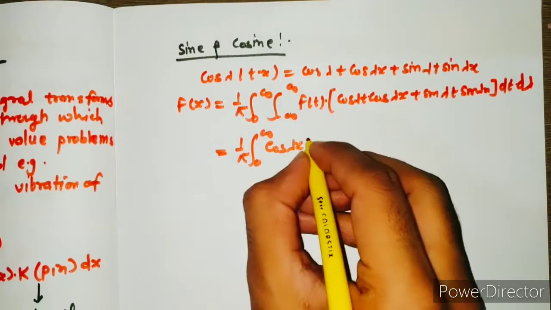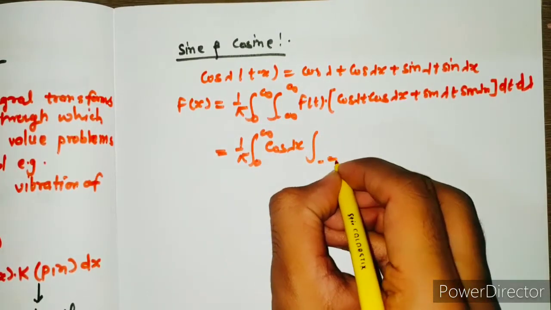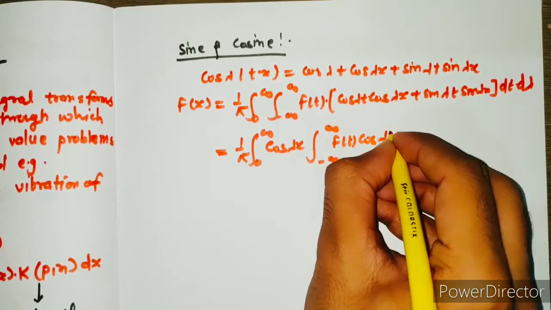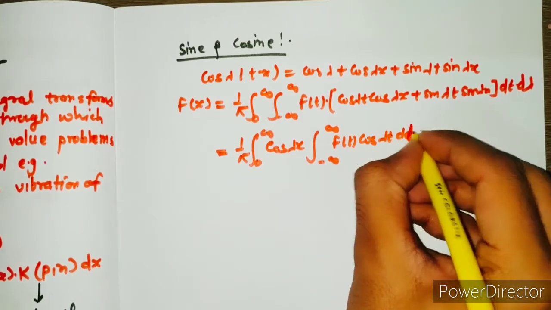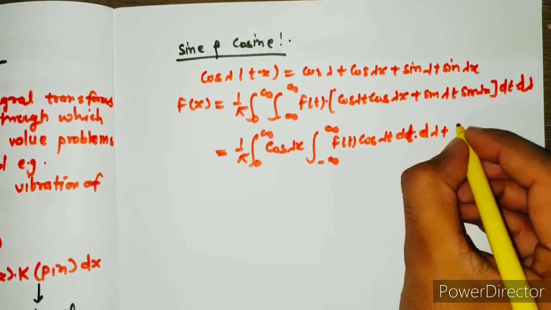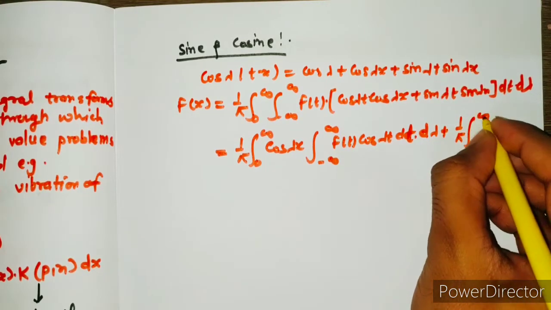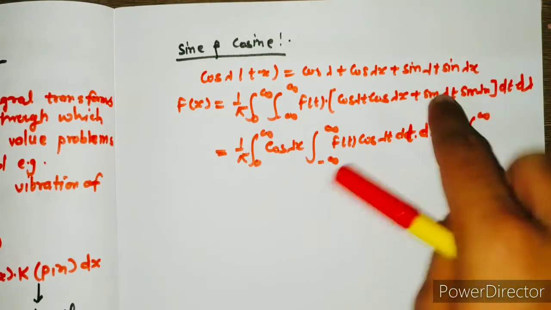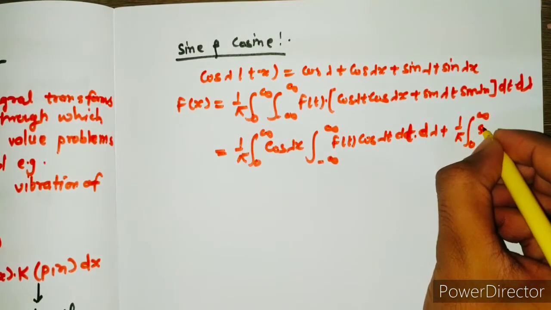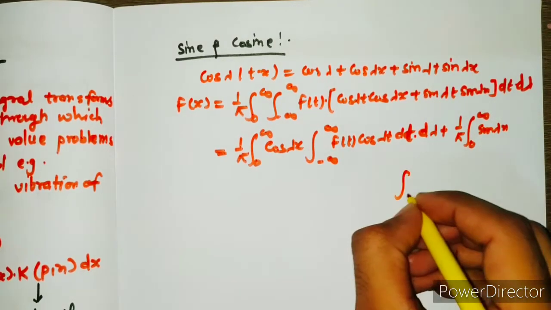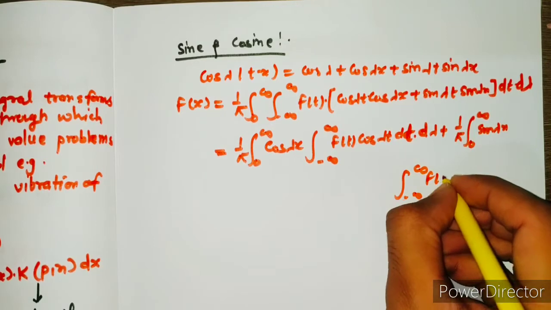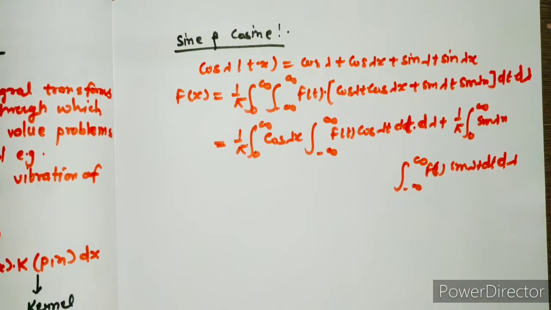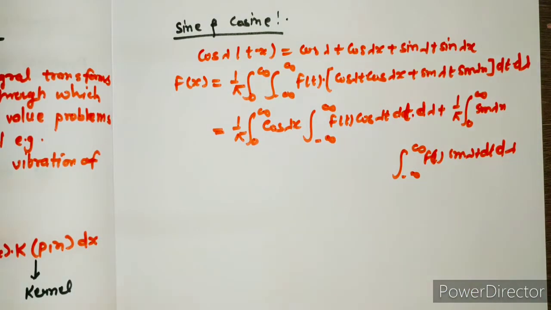Cos lambda x is constant with respect to t, so it comes out. This gives 1 upon pi, integral from 0 to infinity, cos lambda x times the integral from minus infinity to infinity of f(t) cos lambda t dt d lambda, plus the same 1 upon pi, integral from 0 to infinity, sin lambda x times the integral from minus infinity to infinity of f(t) sin lambda t dt d lambda. This is our basic formula.